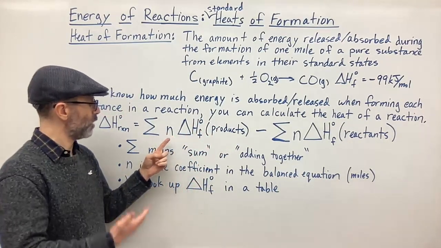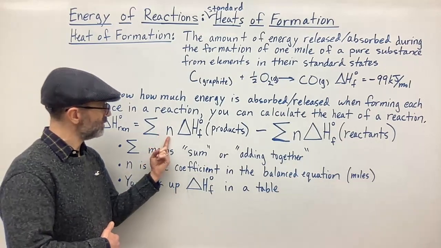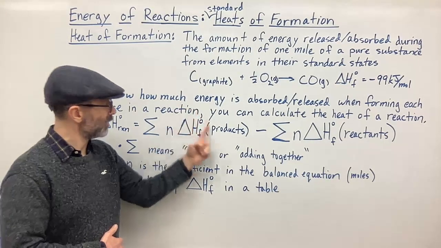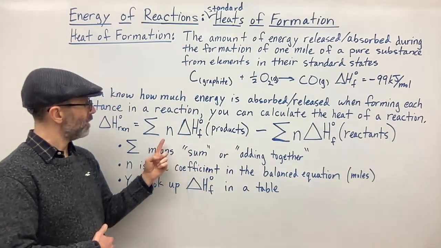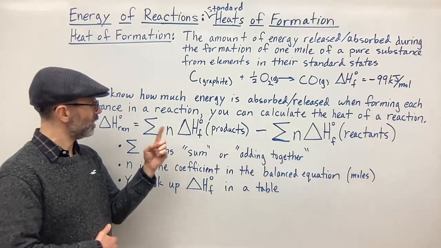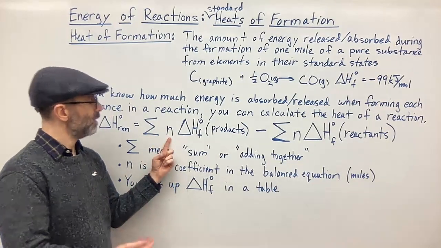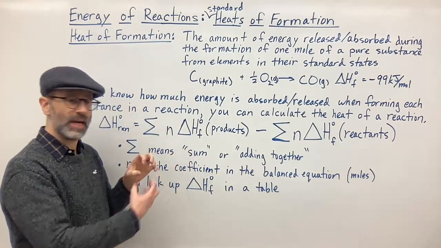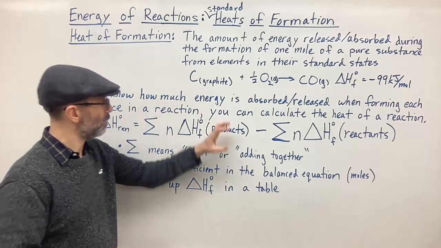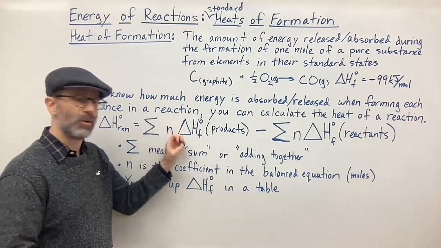So if I have two products, I'm going to take the first product, multiply its coefficient by the standard heat of formation of that product, and then add to that the coefficient of the second product multiplied by its standard heat of formation. I'm going to add those together, and so that's the sum of the standard heats of formation of my products.